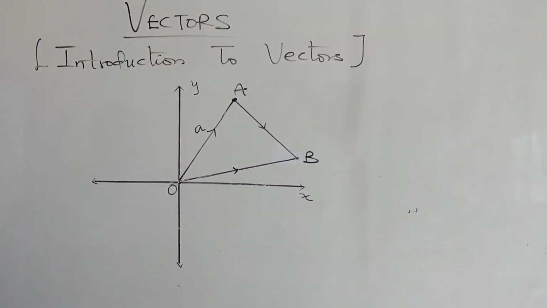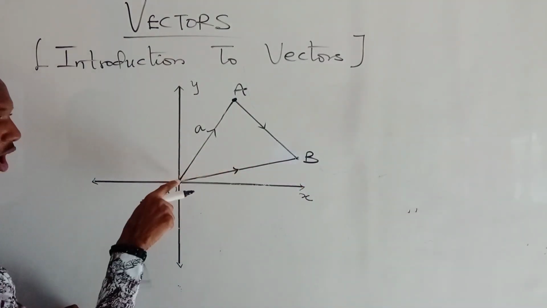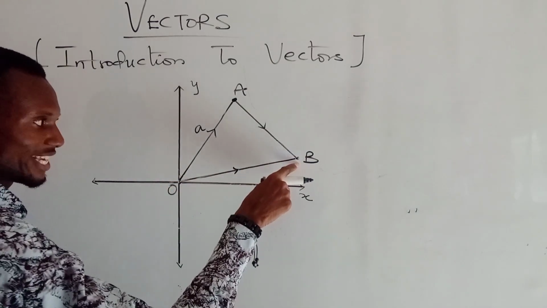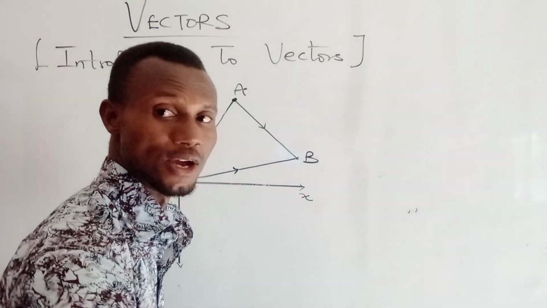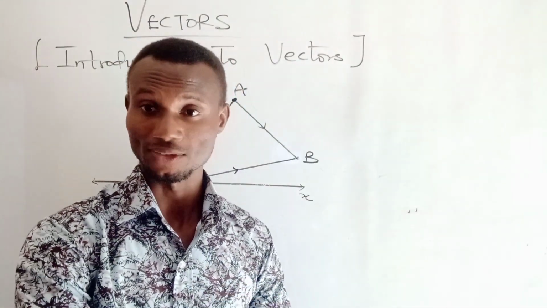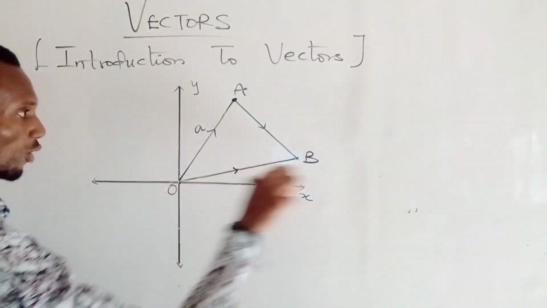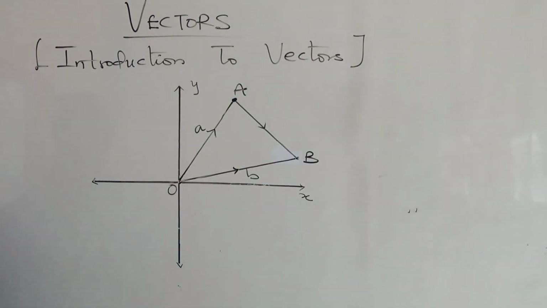Now this OB, from the origin to the point B here, is a position vector. I've already explained it, and I said that we represent position vectors by small letters. So OB, I can represent it by the letter b.